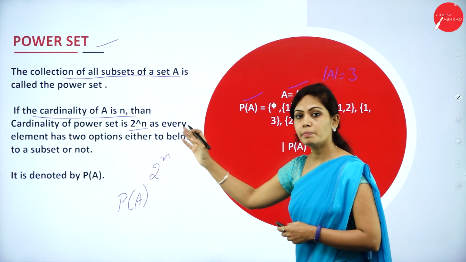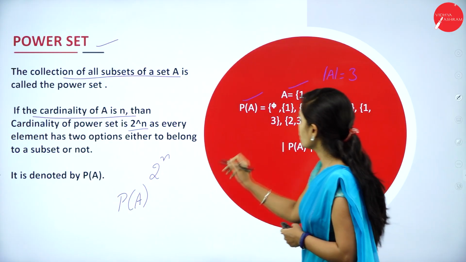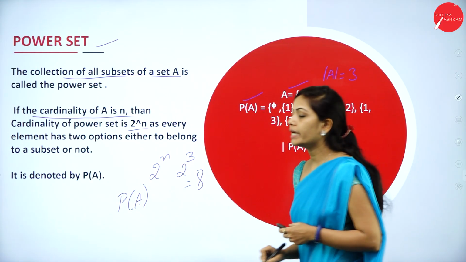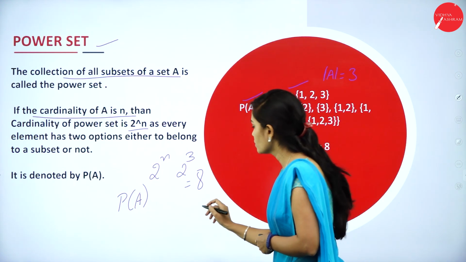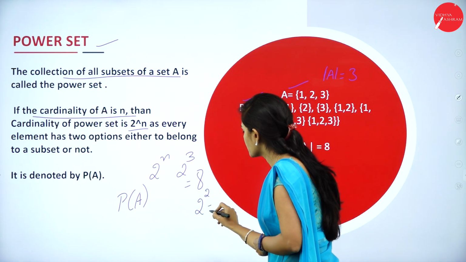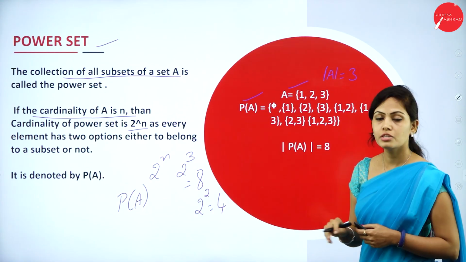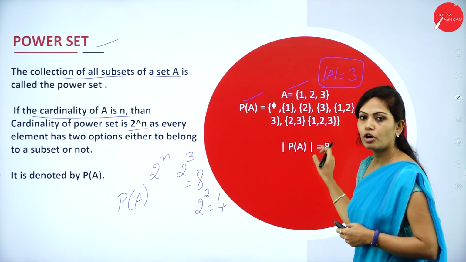The cardinality of the power set is 2 power n, with n equal to 3, so 2 power 3 gives 8 elements. If the cardinality is 2, then 2 power 2 is 4 elements. So in this example, you will get 8 sets.